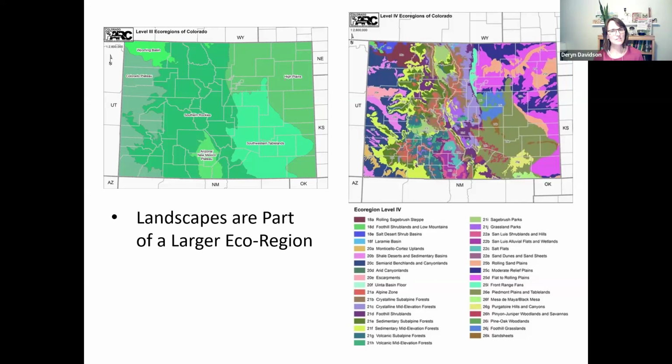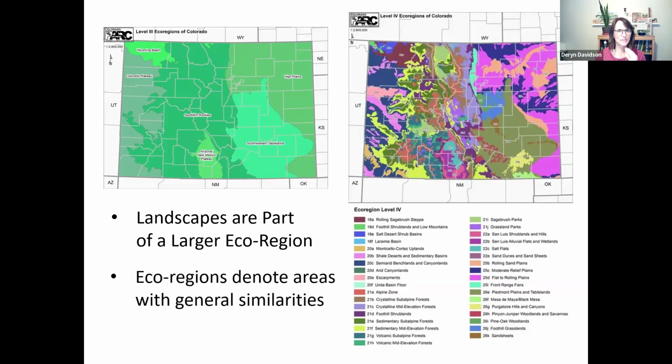And ecoregions denote areas that have general ecosystem similarities. So the type, the quality, and the quantity of environmental resources are going to be similar. So soils are going to be similar, precipitation is going to be similar, and then vegetation is going to be similar.